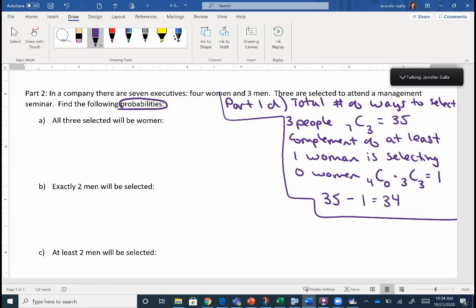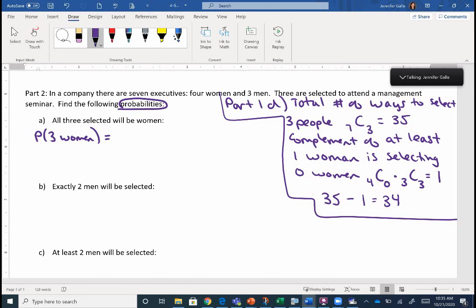So if we have all 3 being selected women, probability 3 women, we found the total number of ways we can make that happen, right?